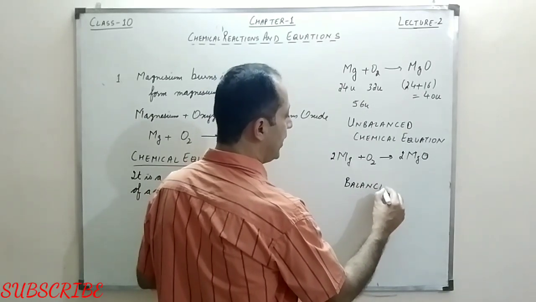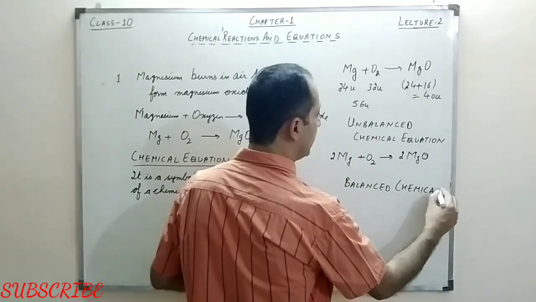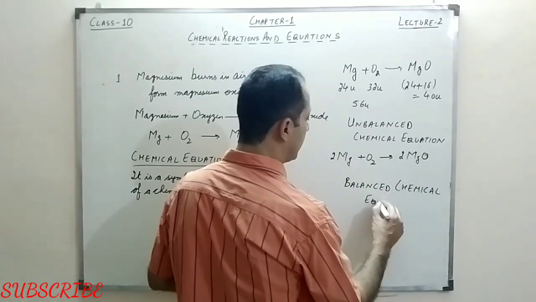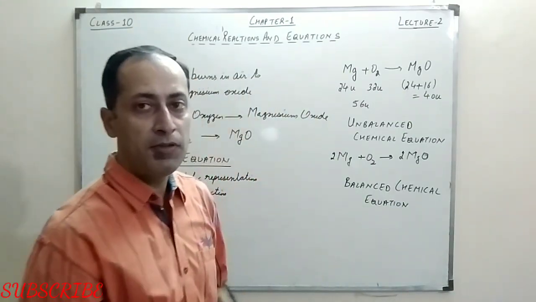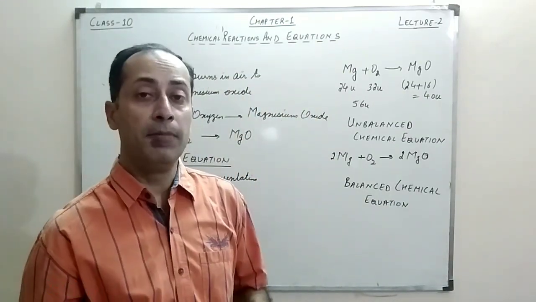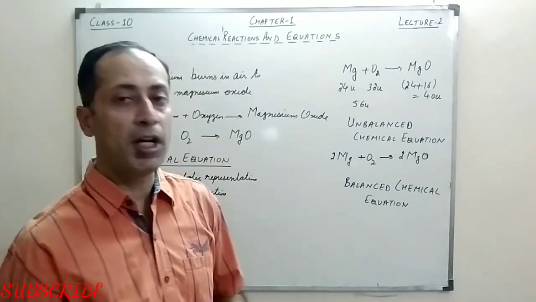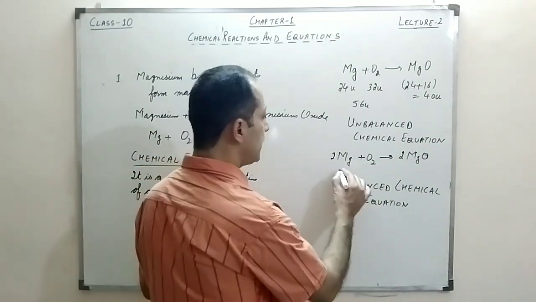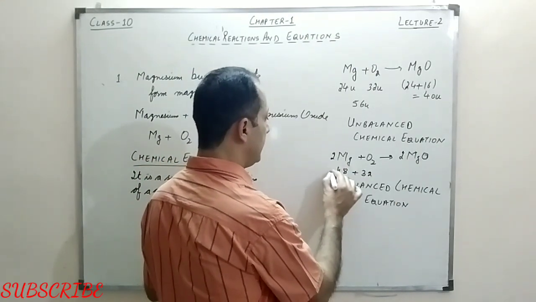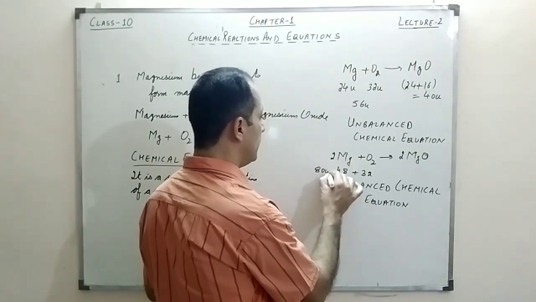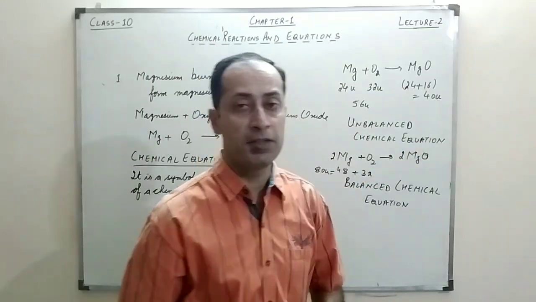Now we can verify whether it is balanced or not by calculating the total mass of the reactants and the products on both sides. Right? So the atomic mass of magnesium is 24, and if you multiply by 2 it becomes 48. Now 48 plus 32, on this side it is 80 U. Now on the right side, magnesium oxide, the molecular mass was 40.